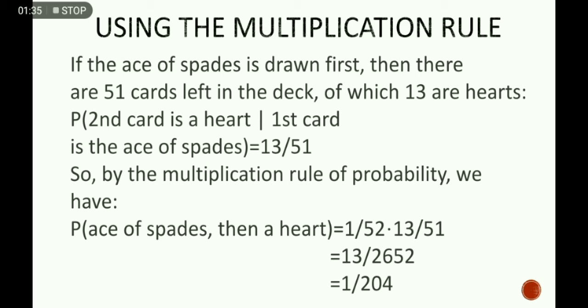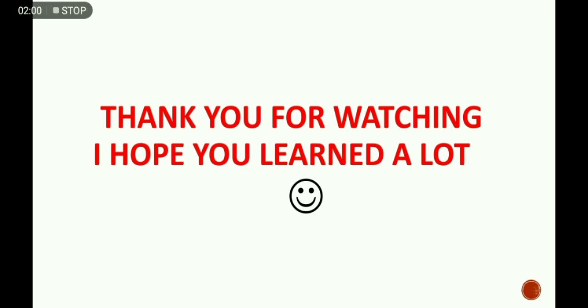So, we will get 1/52 multiplied by 13/51, we will get 13/2652. And in lowest term, divide natin siya sa 13/13. We will get 1/204. So the probability of ace of spades then a heart is 1/204.